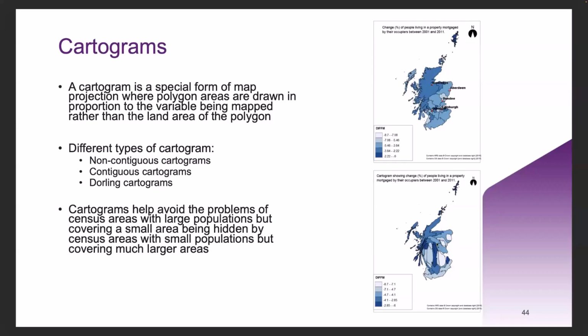The important thing in this type of cartogram is that the topological relationships between the polygons have been maintained, so in this case South Ayrshire, which is down here, is still neighbouring East Ayrshire and Inverclyde, and that's the same in the output cartogram, so that you can still relate neighbours to one another.